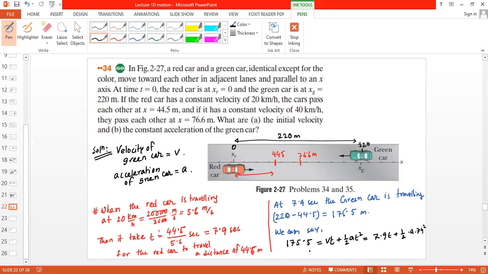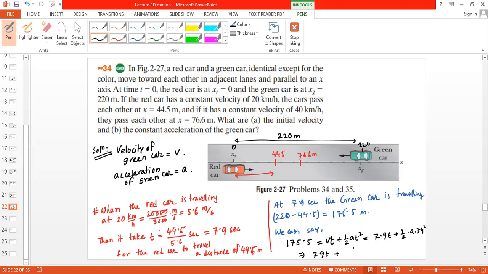Is it clear, my dear students? Yes, sir. So that means 7.9u plus 7.9 square divided by 2 is what?